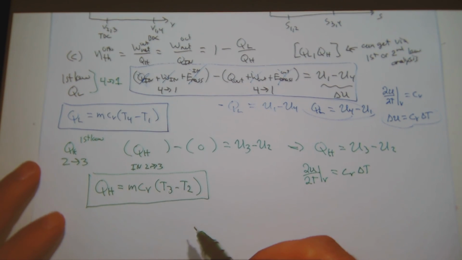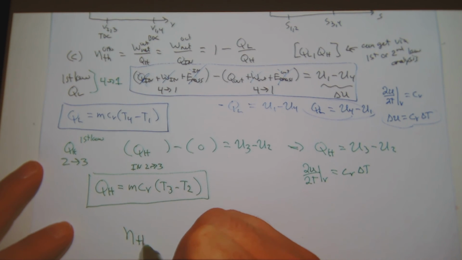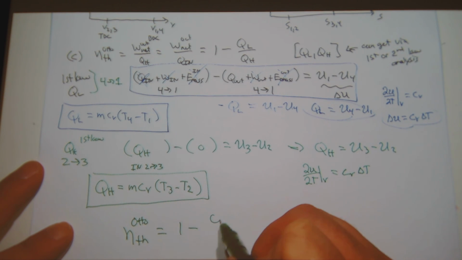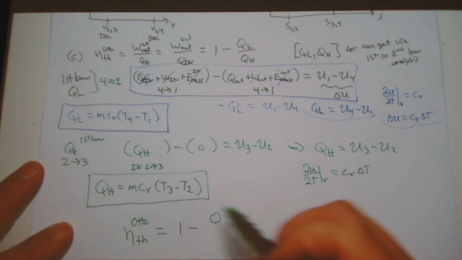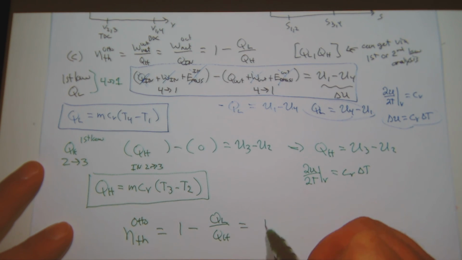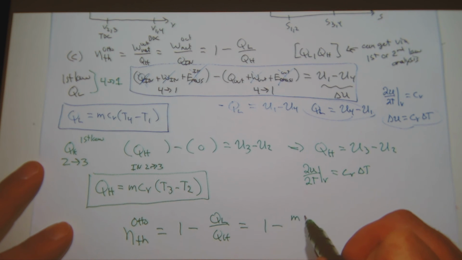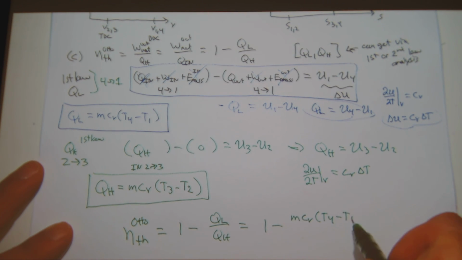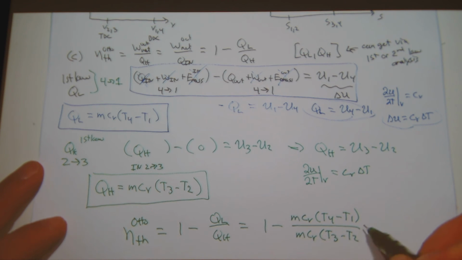So if I want to do the thermal efficiency, Otto is equal to 1 minus QL over QH, which equals 1 minus M CV T4 minus T1 over M CV T3 minus T2.